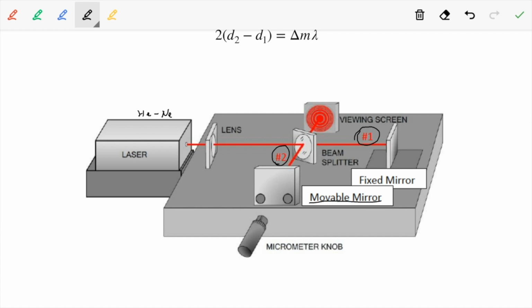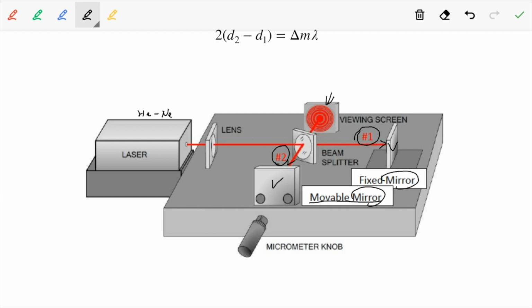Both of these are mirrors. After they hit the mirrors, the laser beams are reflected back, and finally they go onto the viewing screen.